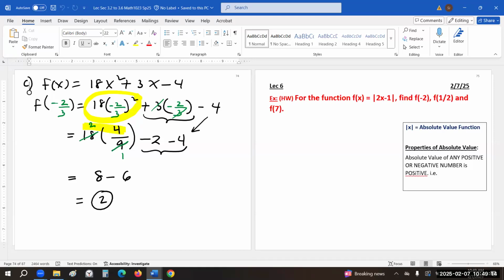So they gave us a function f of x equals... We are going to learn more about absolute value later. But for now, just remember absolute value is a function. Any number inside the absolute value becomes positive when you take out the absolute value.